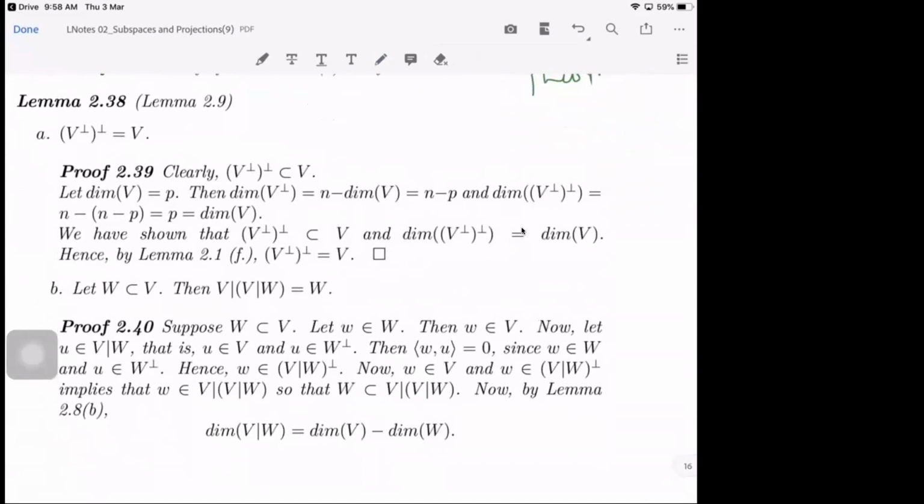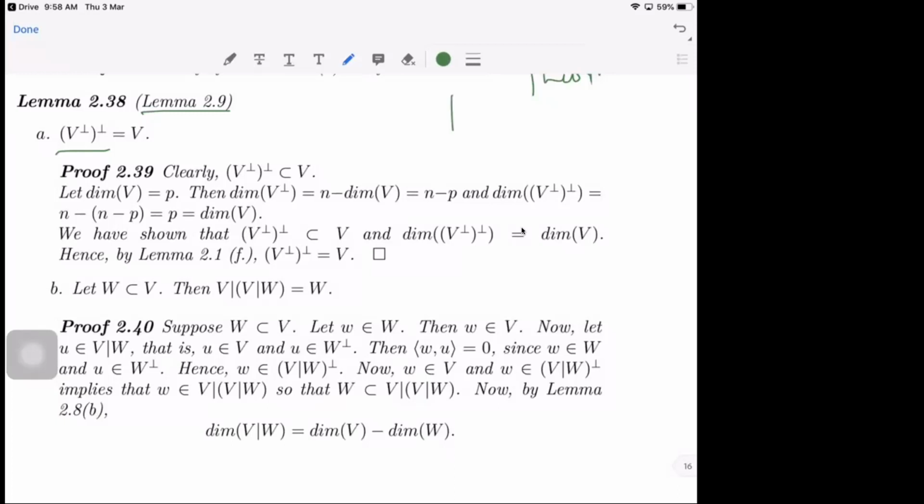Next. Lemma 2.9. The orthogonal subspace of the orthogonal subspace of V is V. So, meaning, if you have V perp, and you take its orthogonal, you go back to your subspace V, right?